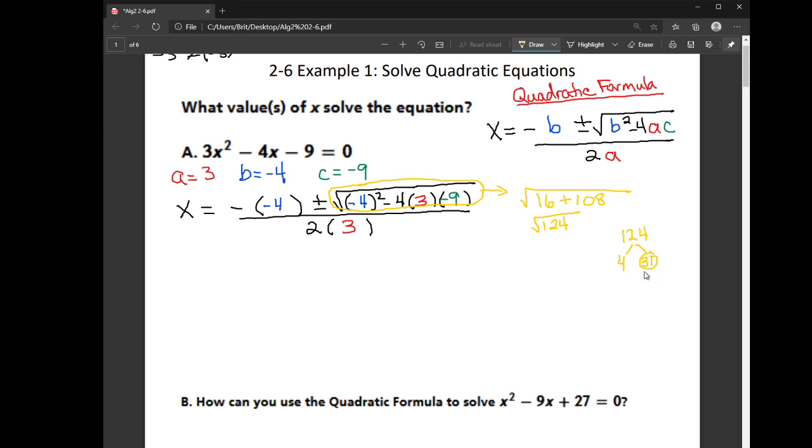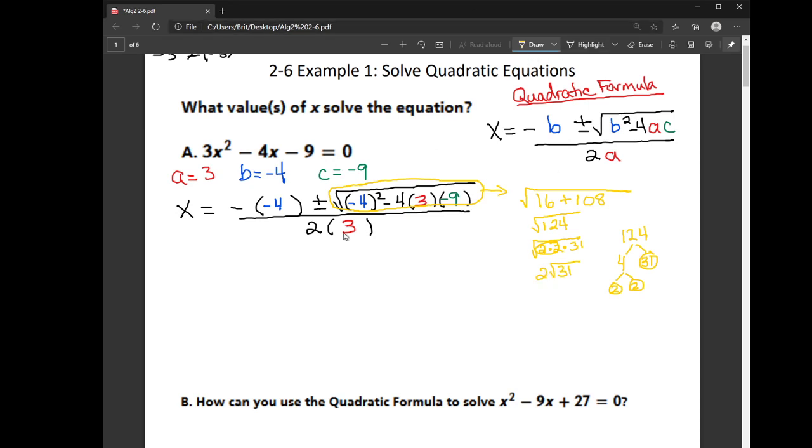And 31's prime, so I'm circling it. And 4 is 2 and 2. So what I can do is write the square root of 124 as the square root of 2 times 2 times 31. And here I have a pair of 2's, so they can come outside of the radical. And so there's my radical.